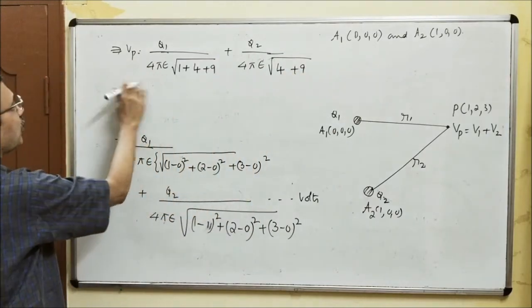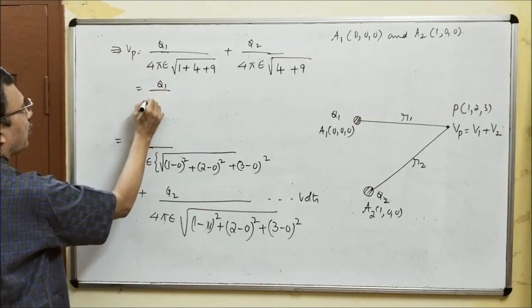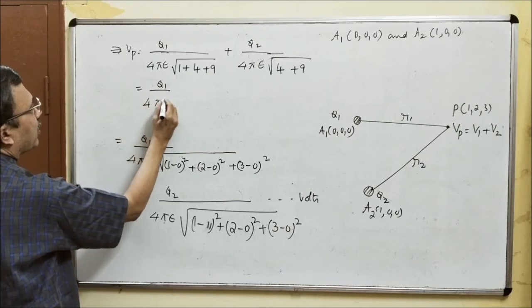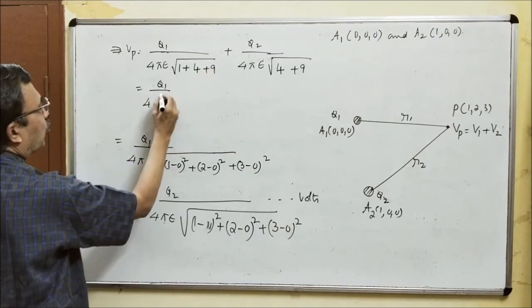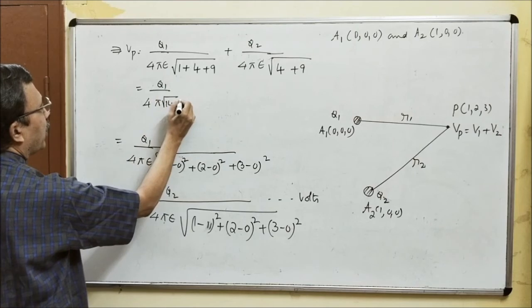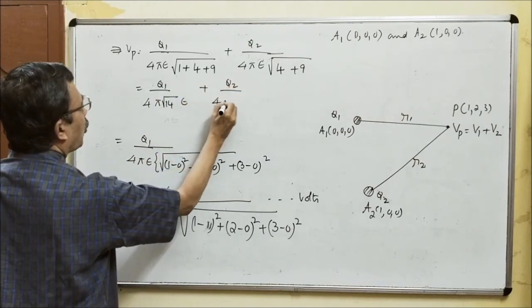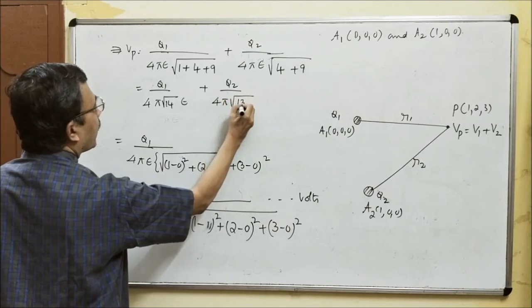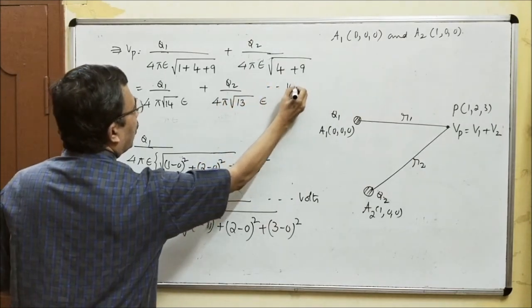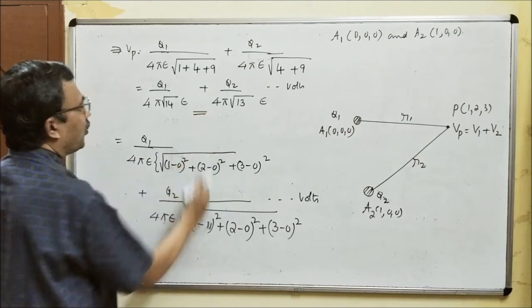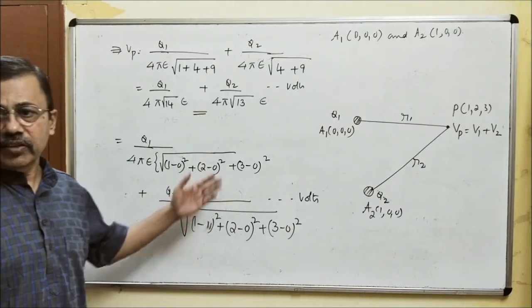So this becomes Q1 divided by 4 pi root 14 epsilon plus Q2 divided by 4 pi root 13 epsilon. Q1 and Q2 values are not given, therefore I keep the generalized answer. Thank you.